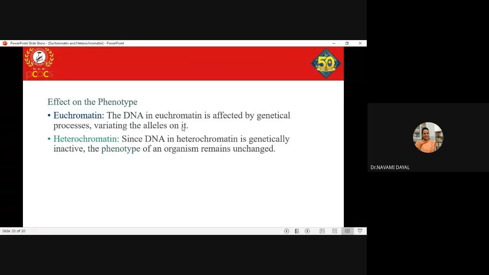If it is transferred from the parent to the offspring, the regions still remain unchanged. You will see that pattern there.